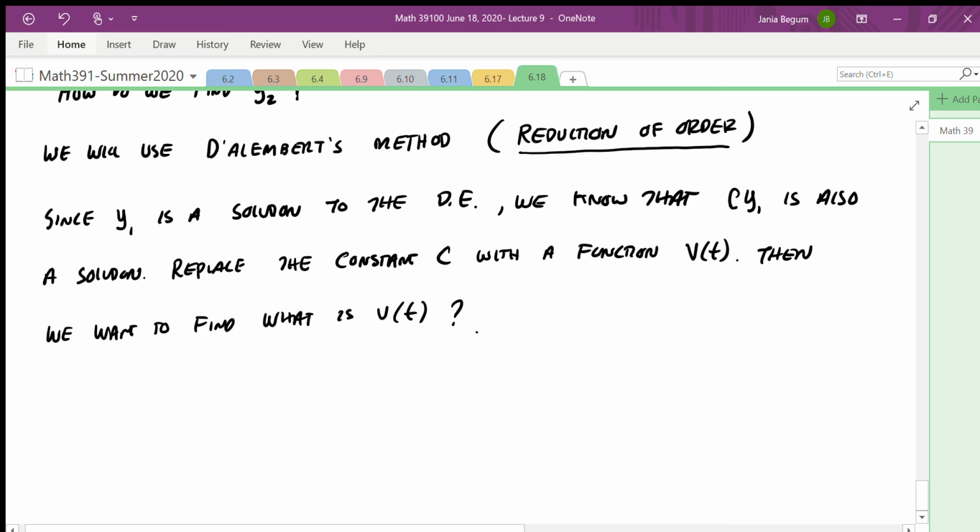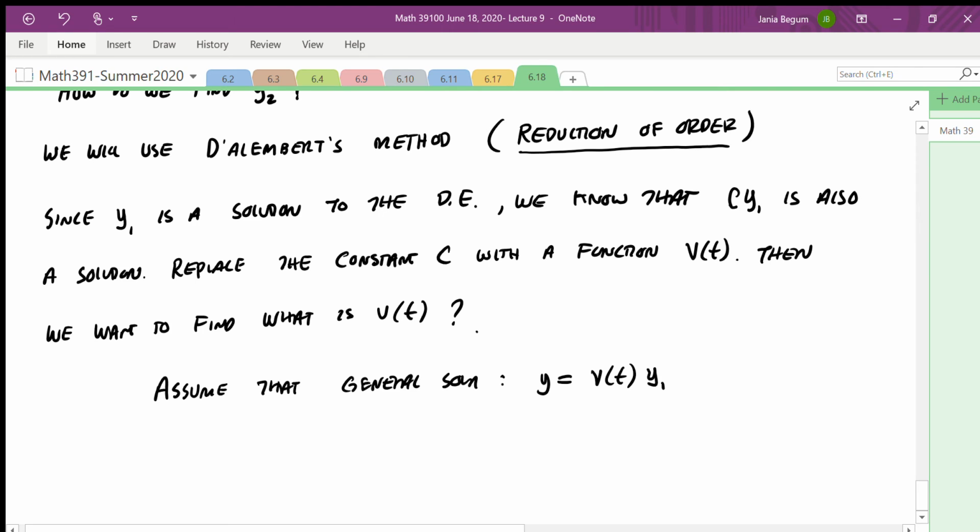So we're going to start with the following assumption. To find v of t, we're going to assume that our general solution is y equals v of t times y1. That's the assumption we're going to make.